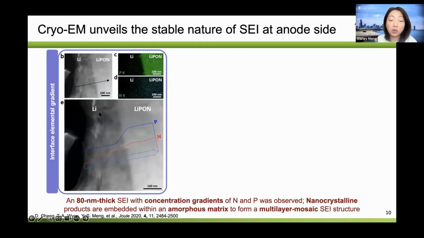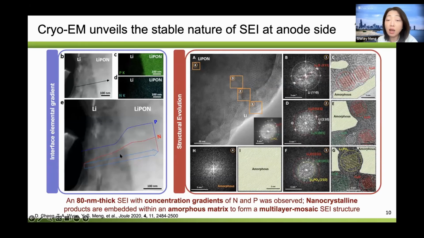In fact, with cryo-EM, we observe a similar interface as Dr. Miaofang Chi also observed in her study independently, that there is an 80 to 100 nanometer thick SEI between the lithium and the LiPON, and this interface actually is a multi-mosaic picture with lithium phosphate, lithium nitride, lithium oxide. But this interface is a very good SEI interface because it is electronically insulating and it allows ions to conduct through this layer.